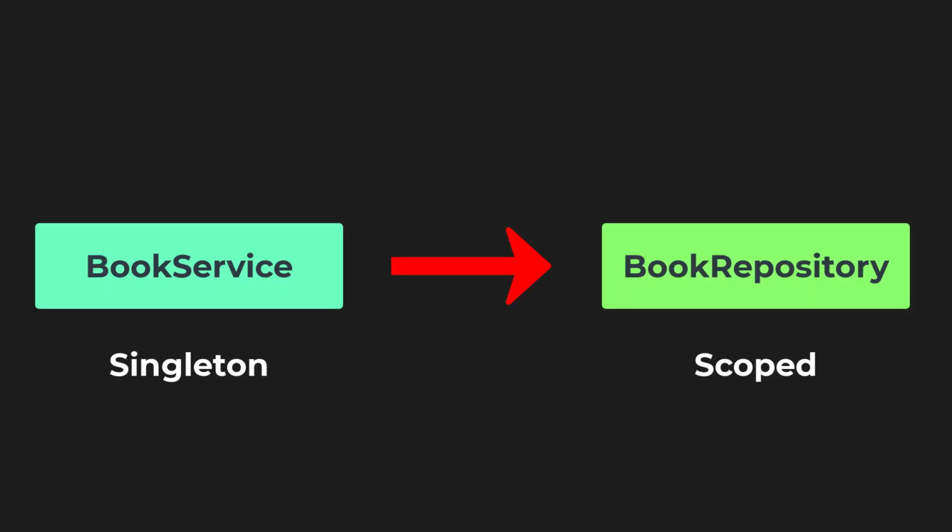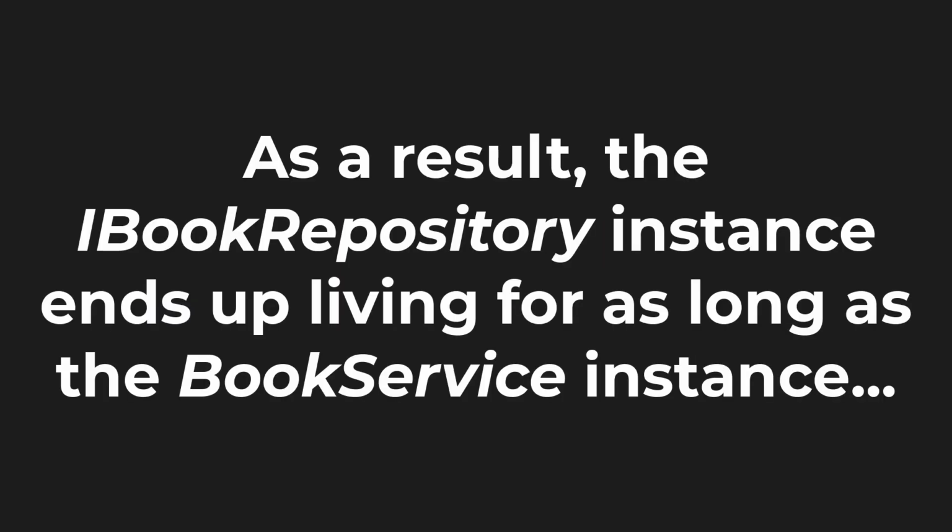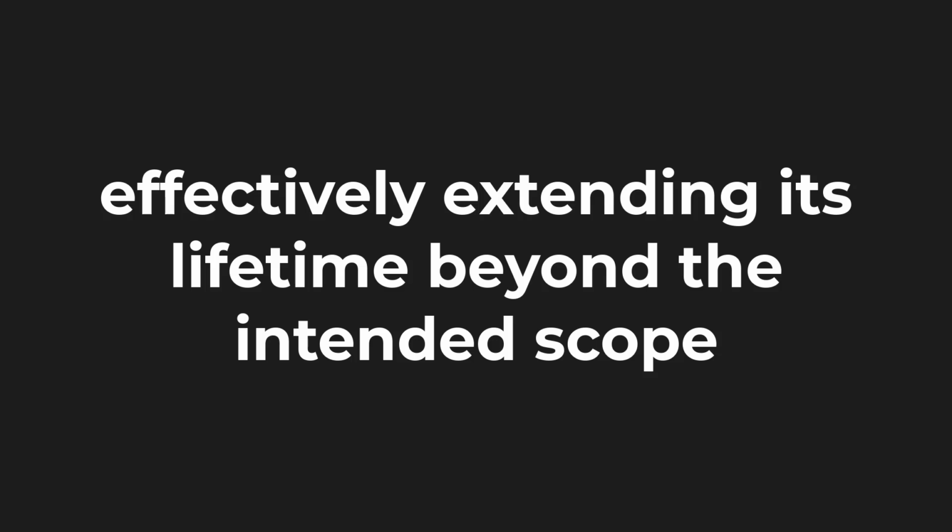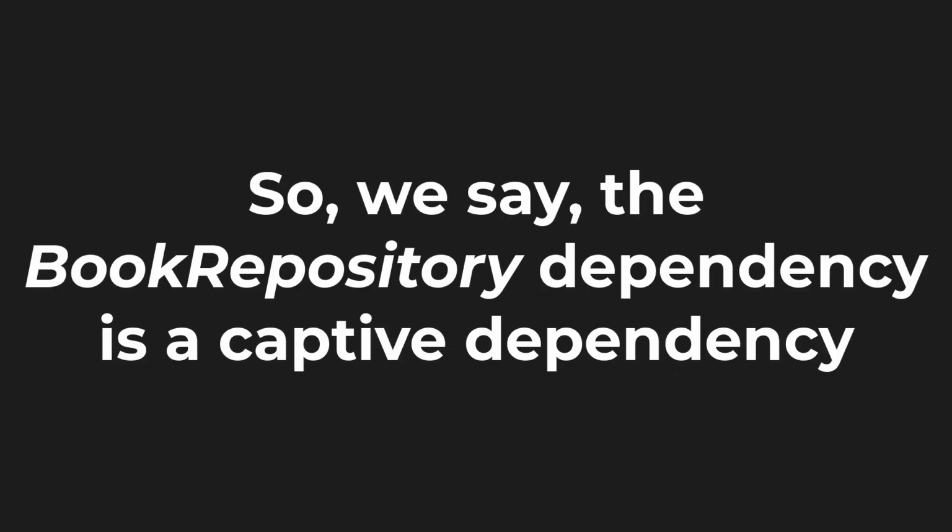However, since BookService is a singleton and depends on an IBookRepository implementation, it captures that dependency when it is constructed. As a result, the IBookRepository instance ends up living for as long as the BookService instance, effectively extending its lifetime beyond the intended scope. So we say the BookRepository dependency is a captive dependency.